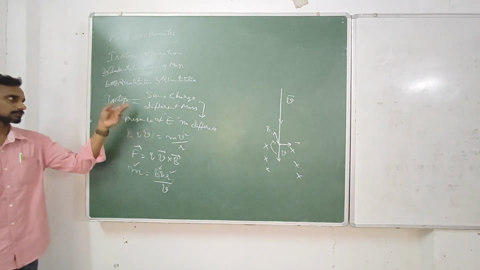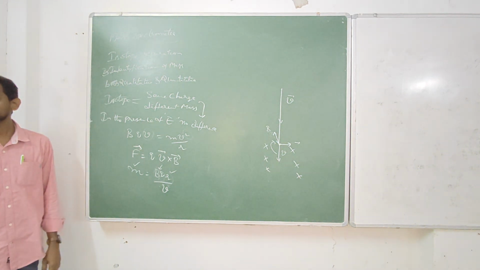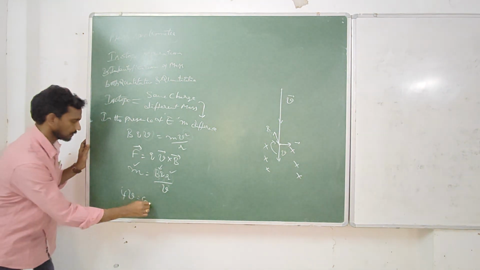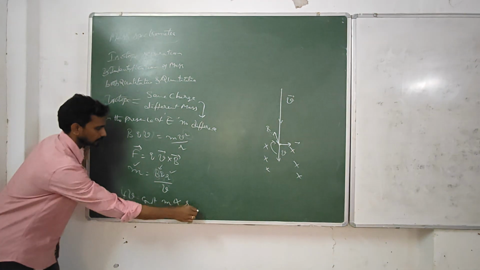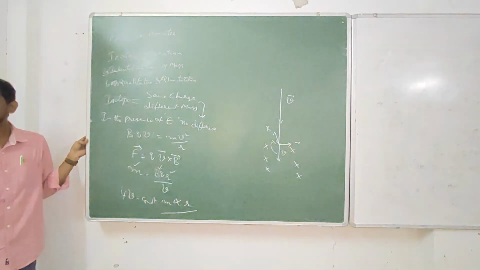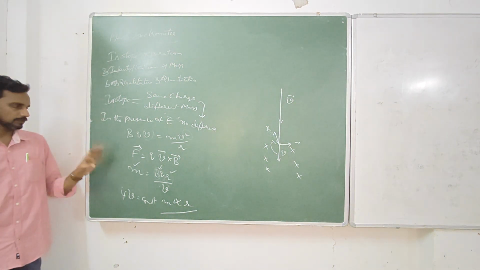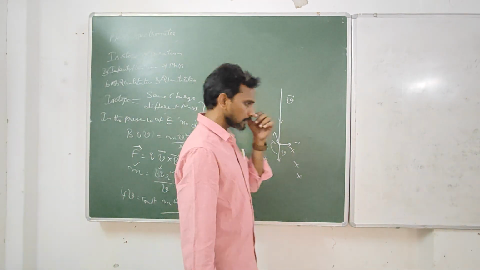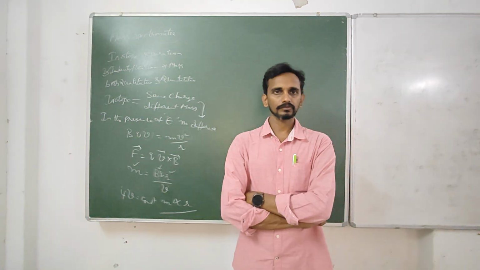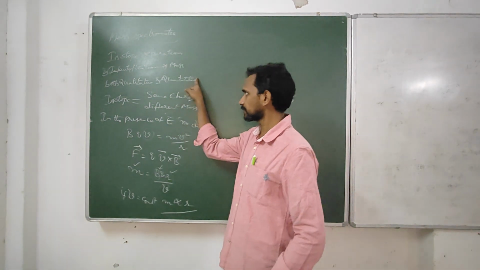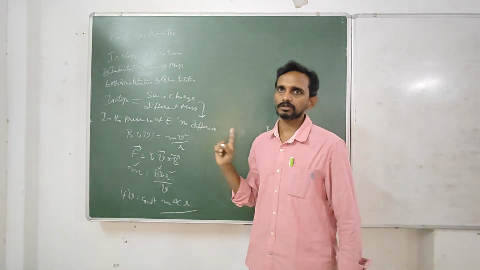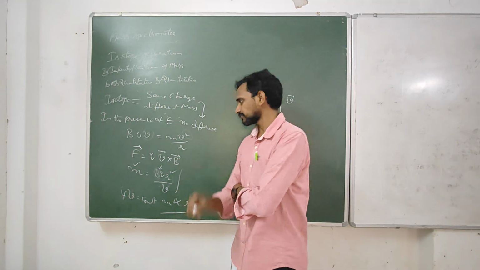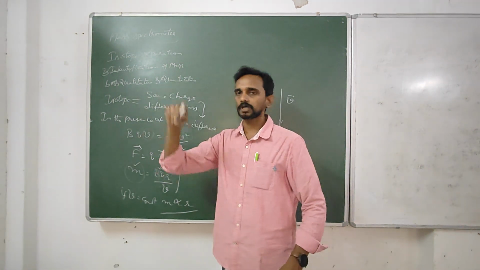Then only we can separate them. Only if velocity is constant is mass proportional to radius. That is the conclusion we can draw from this equation. So we have to ensure the velocity of all the particles remains the same, whatever the mass of the isotope. Then only we can use this equation to calculate the value of mass.